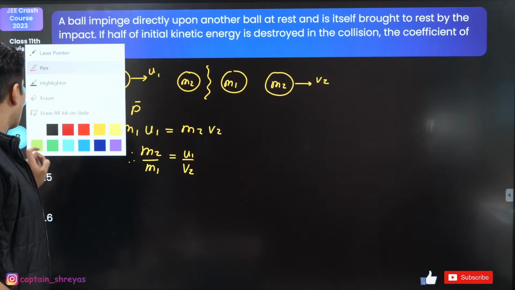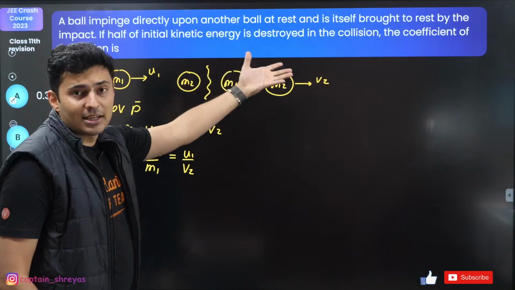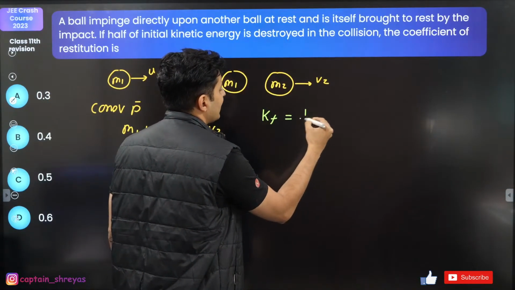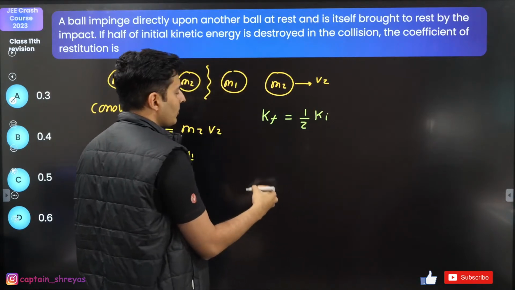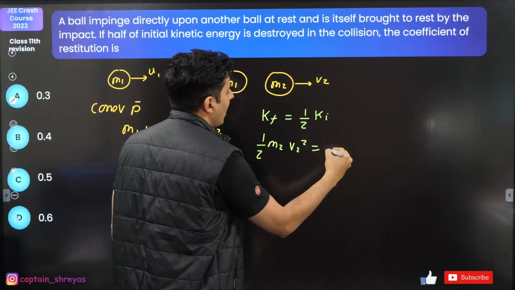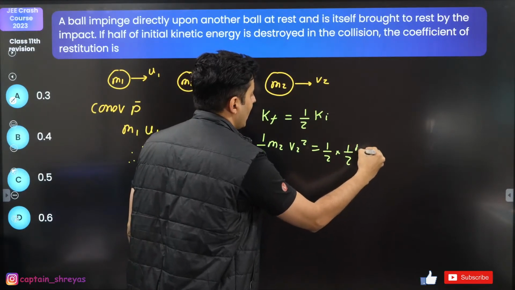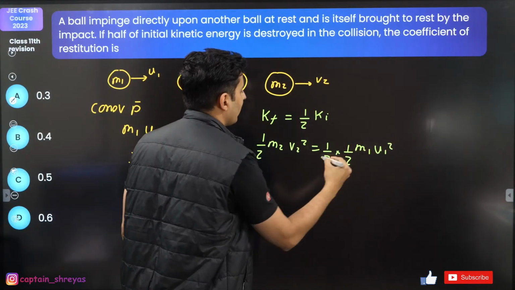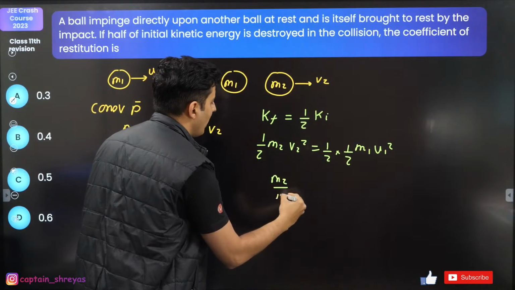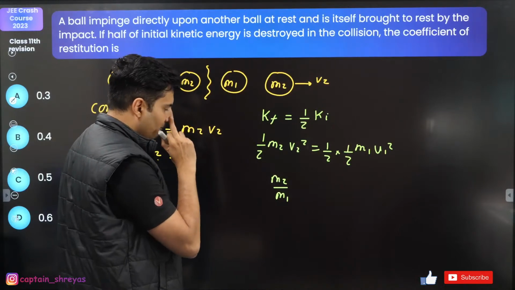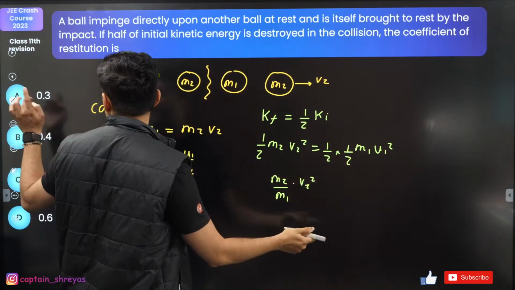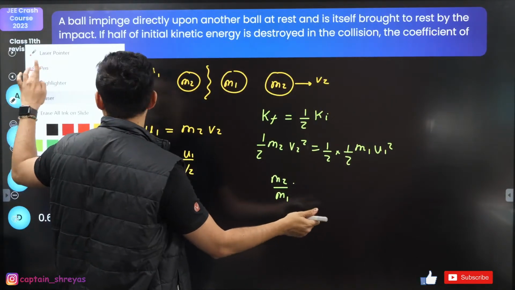That is one thing. Another thing, half the energy gets destroyed. So that means final energy is basically half of initial energy. So final energy is half M2 V2 square, half M1 U1 square. Half gets cancelled. I will just bring M1 here. So M2 by M1 into V2 square. I can take it on the other side.